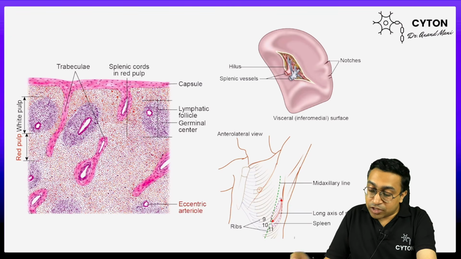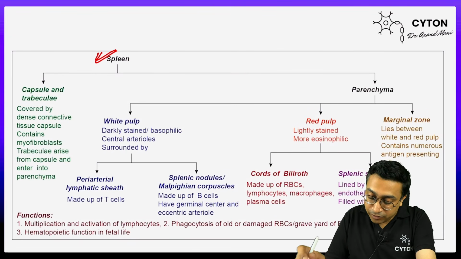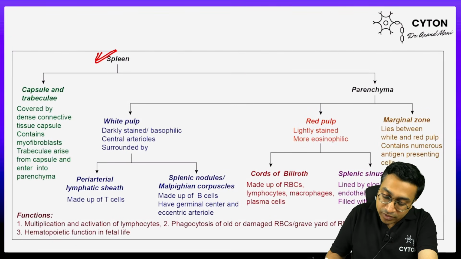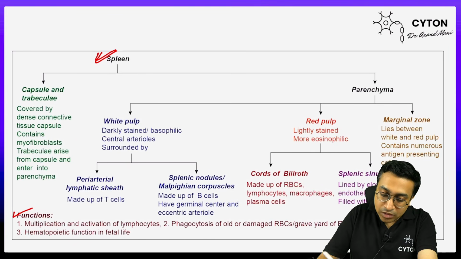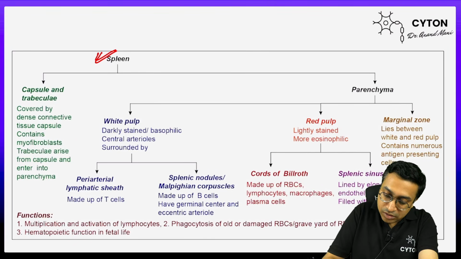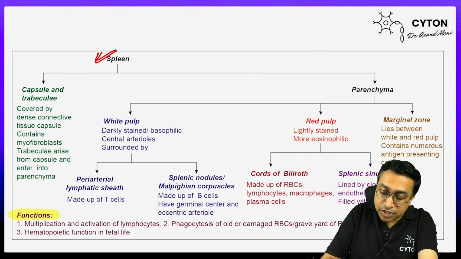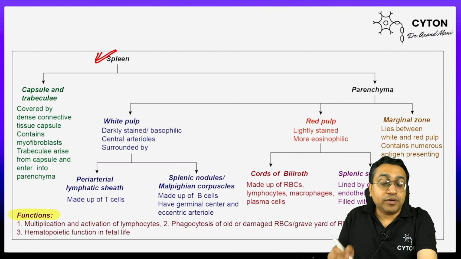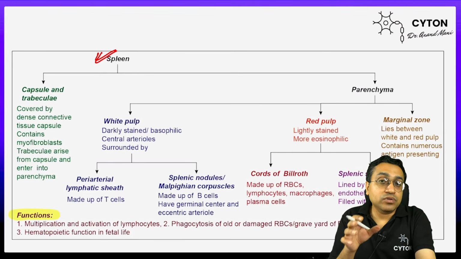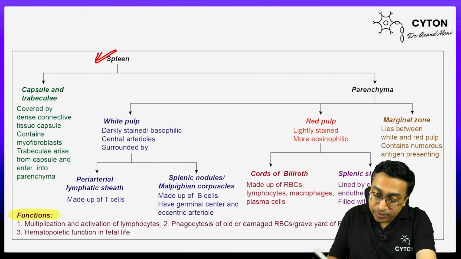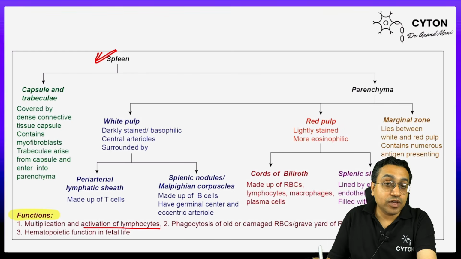Then what are the functions of this spleen? It performs immune system functions as well as hematopoietic function, such as the activation of lymphocytes. Activation of lymphocytes is very important, it induces the immune response.